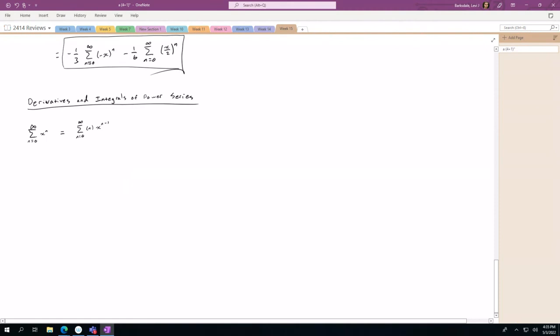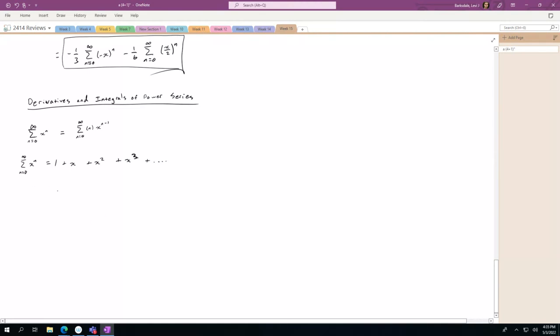There you have it. In fact, if we wanted to write this out, we could write out sum n equals 0 to infinity x to the n. This is 1 plus x plus x squared plus x cubed, and so on.